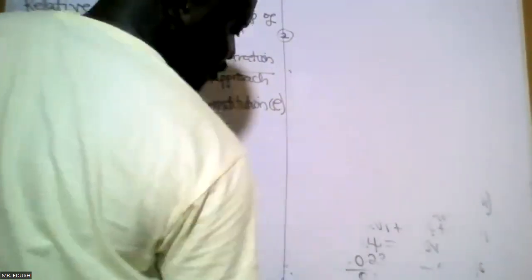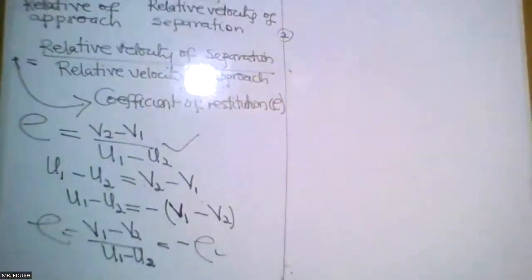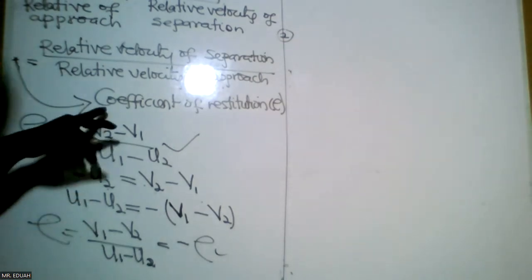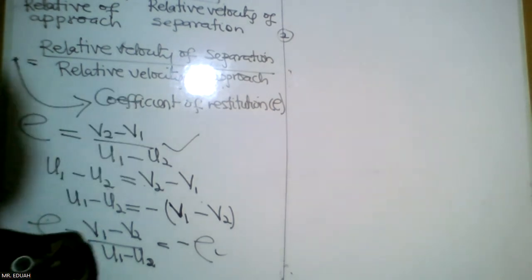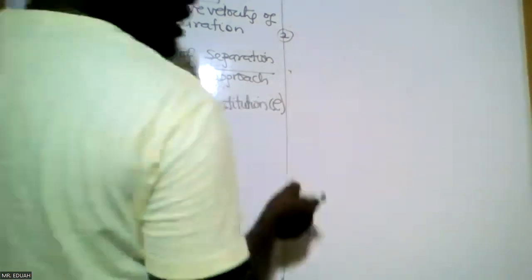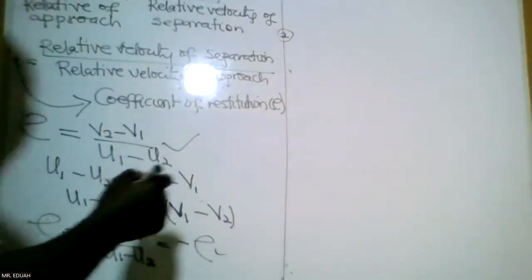And for perfectly inelastic collision, the value of the coefficient of restitution is equal to 0. So we use this concept of coefficient of restitution to determine whether a collision is perfectly elastic or perfectly inelastic.